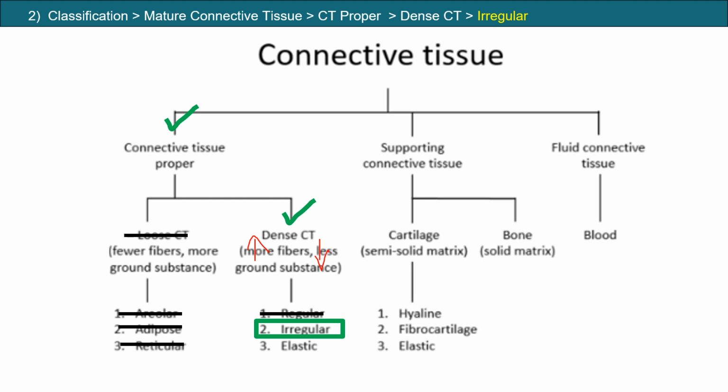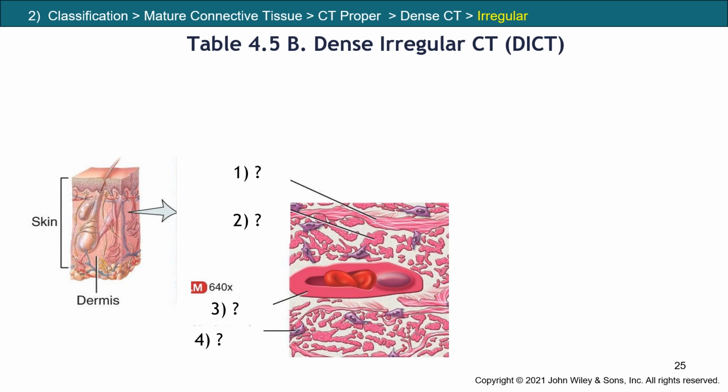And now we're going to move into the next section, that is the irregular connective tissue. So here you can see again the picture of the skin, because in addition to this subcutaneous area, that has areolar connective tissue, in the dermis, the region above, you will have another type of connective tissue that is going to be a dense but irregular connective tissue.